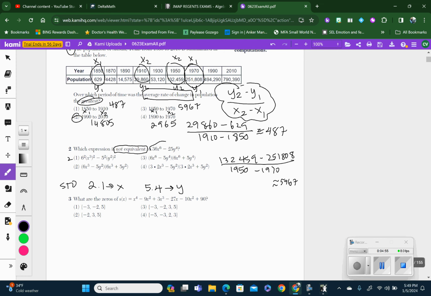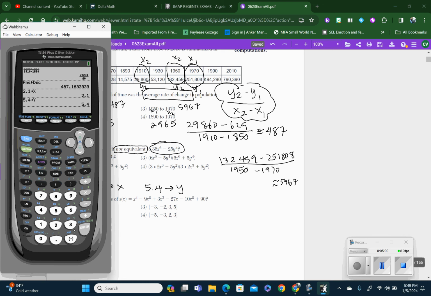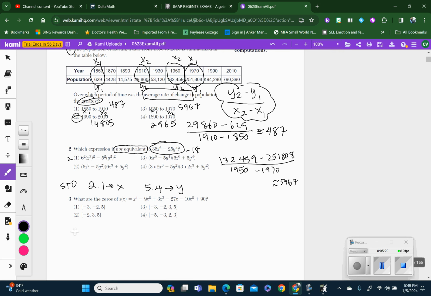So I'm going to plug in my original, which is right there: 36x to the sixth, go to the right, minus 25y, so alpha 1, to the fourth, and I hit enter, and I get this number. This is our magic number, negative 18, what is it?